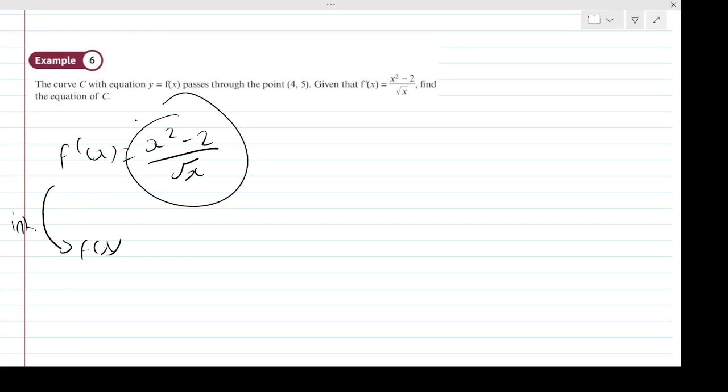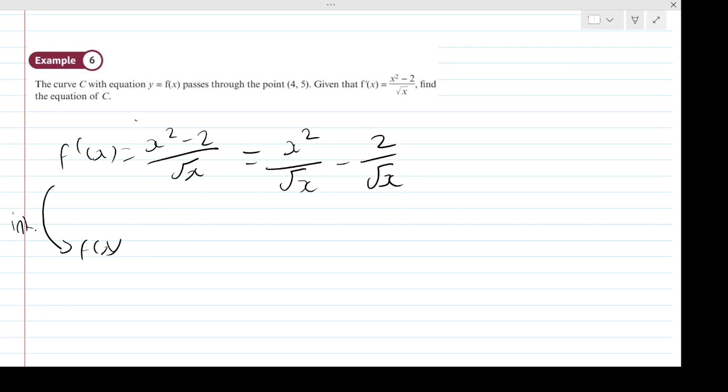So let's split this fraction up first. I can split that up to x squared over root x minus 2 over root x. What can I do next? Well, I want to write everything in powers of x. So root x goes to x to the half. So it'd be x squared over x to the half, minus 2 over x to the half.